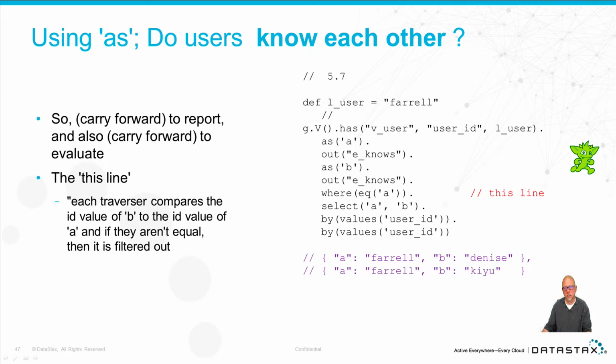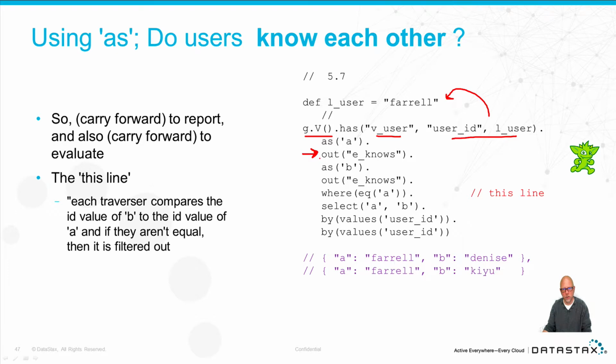So let's pick this apart, and we're going to give special attention to the line that's identified as this line. So g.V, starting at the top of the graph, every vertex is in scope. I'm just going to look at the vertex user, and in the vertex user starting with Farrell, we're going to say, who does Farrell know? We're going to call that A. So that was the 4 rows, right? Farrell knew 4 people.